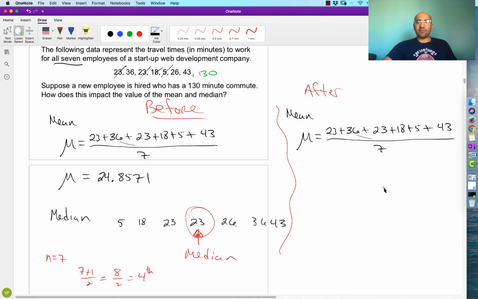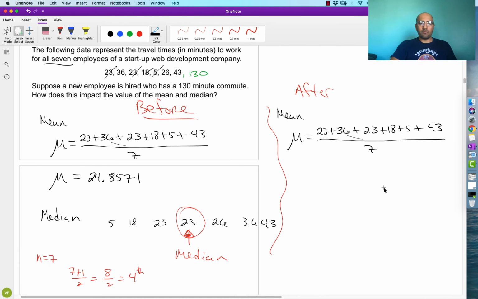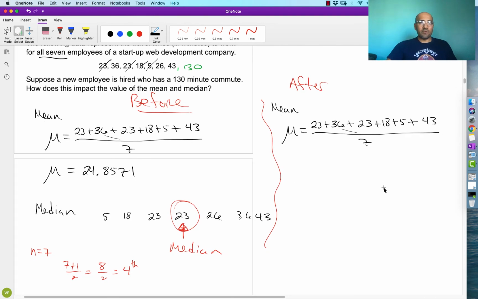Well, we're adding an extra person. So that means we have to add the extra person afterwards. There's an extra plus 130. And now instead of 7, there's a total of 8. So we've got to add all those numbers, divide by 8.